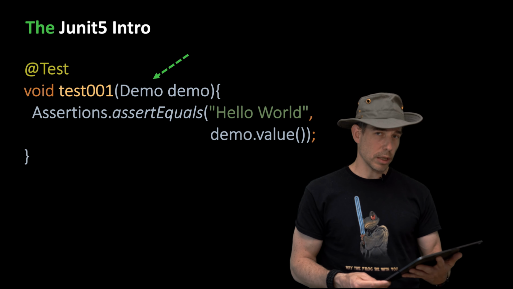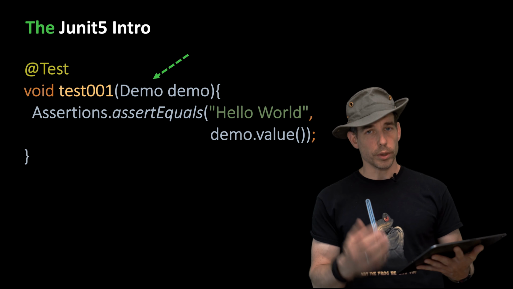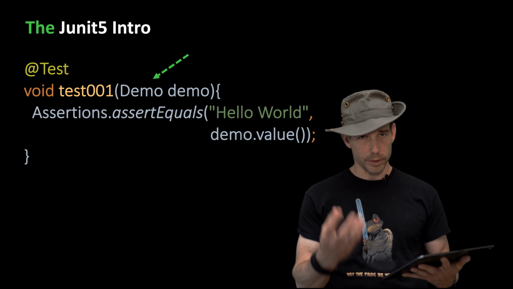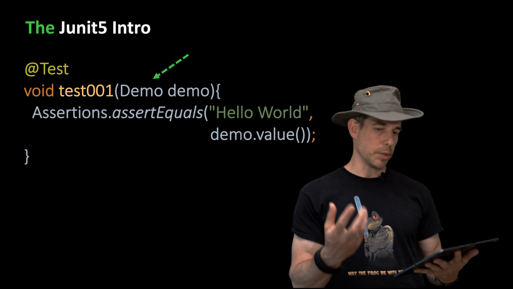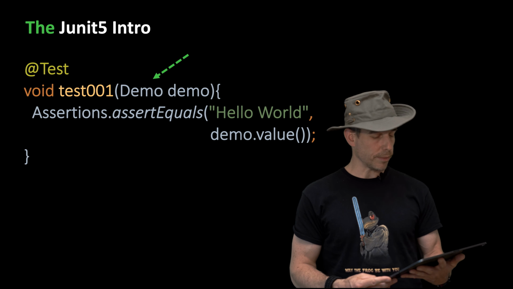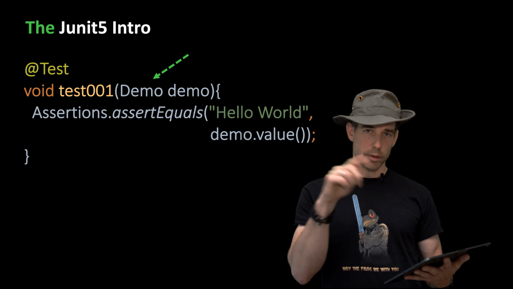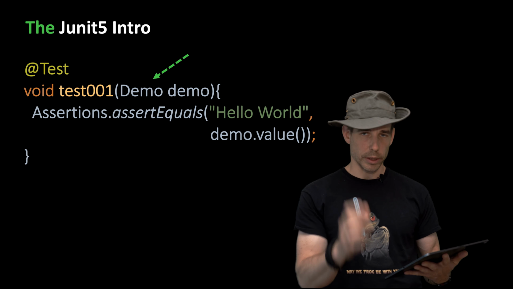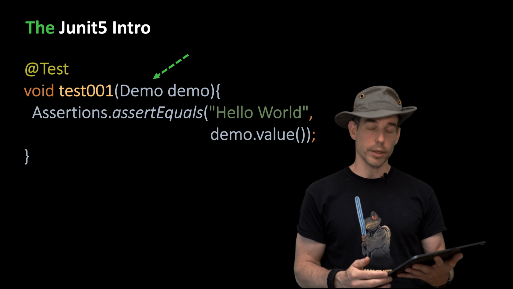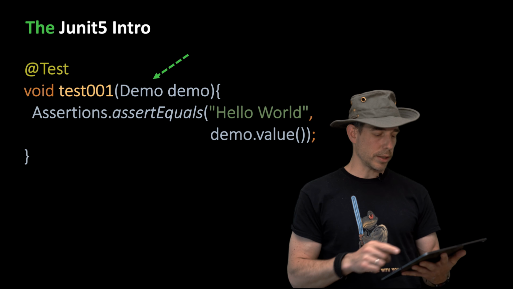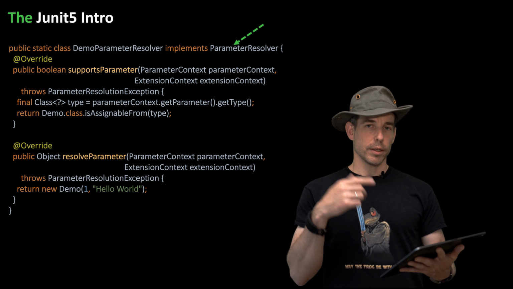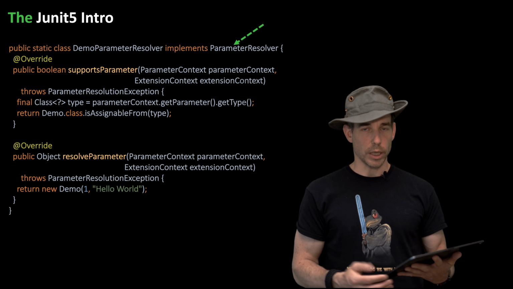If I want to have my own instance injected, because there's quite easy dependency injection implemented in JUnit5, you can just declare @Test, and then write inside the method signature the classes and variables you need. Now JUnit5 needs to understand this.